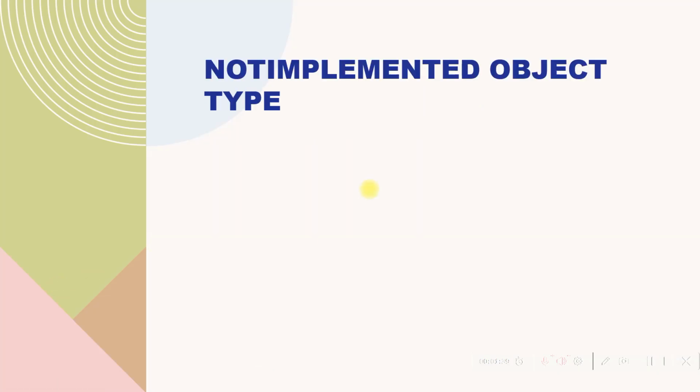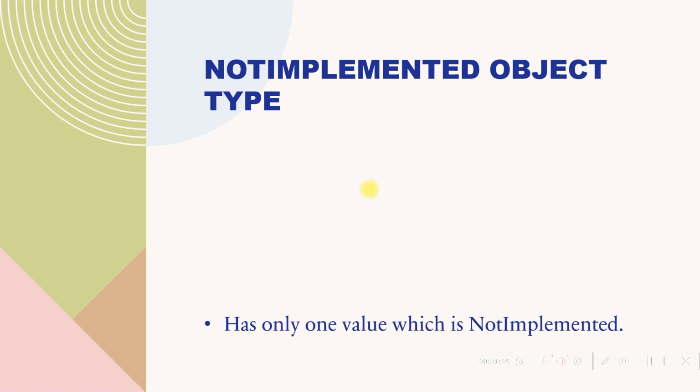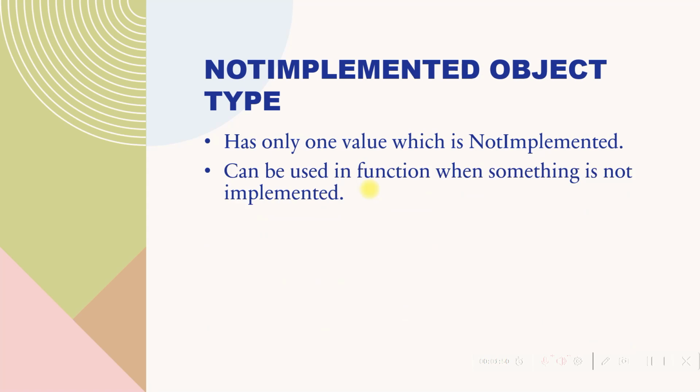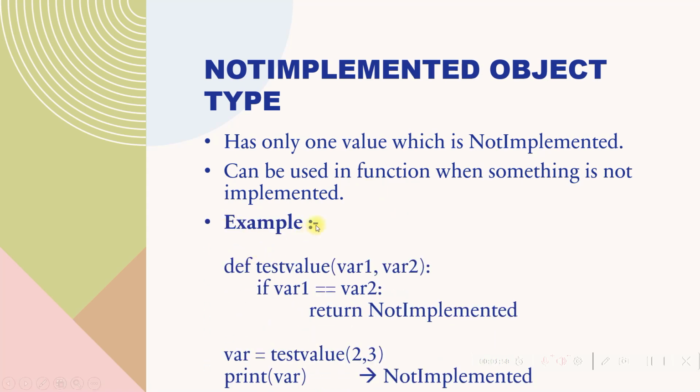Okay, so this is the None object type. Now the second object type in this category is NotImplemented. Again, this object type has only one value, which is NotImplemented, and it can be used in a function when something is not implemented. For example, if we look at this function test_value, it takes two parameters, var1 and var2.